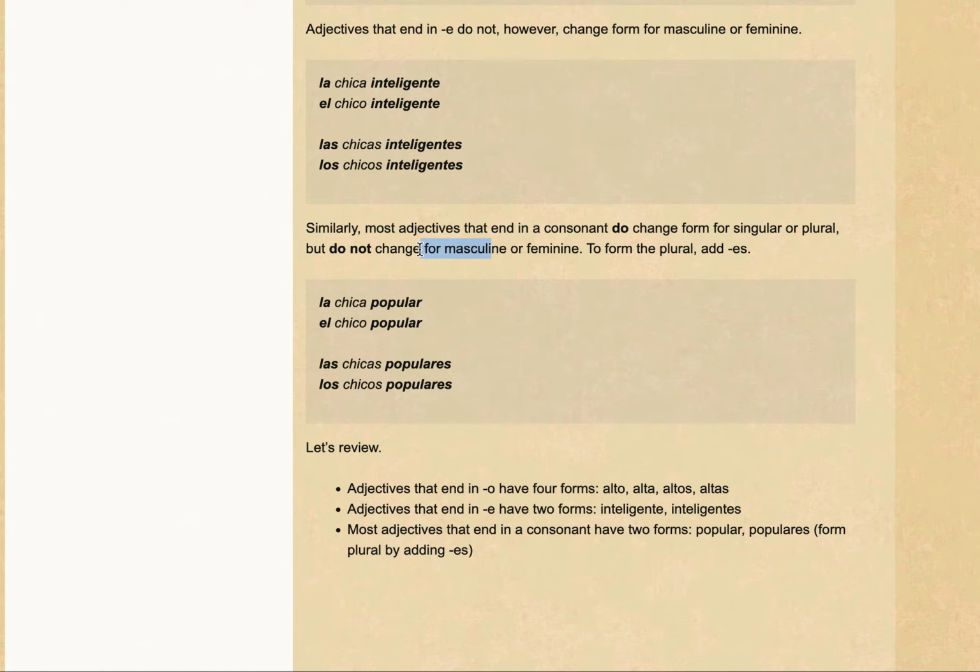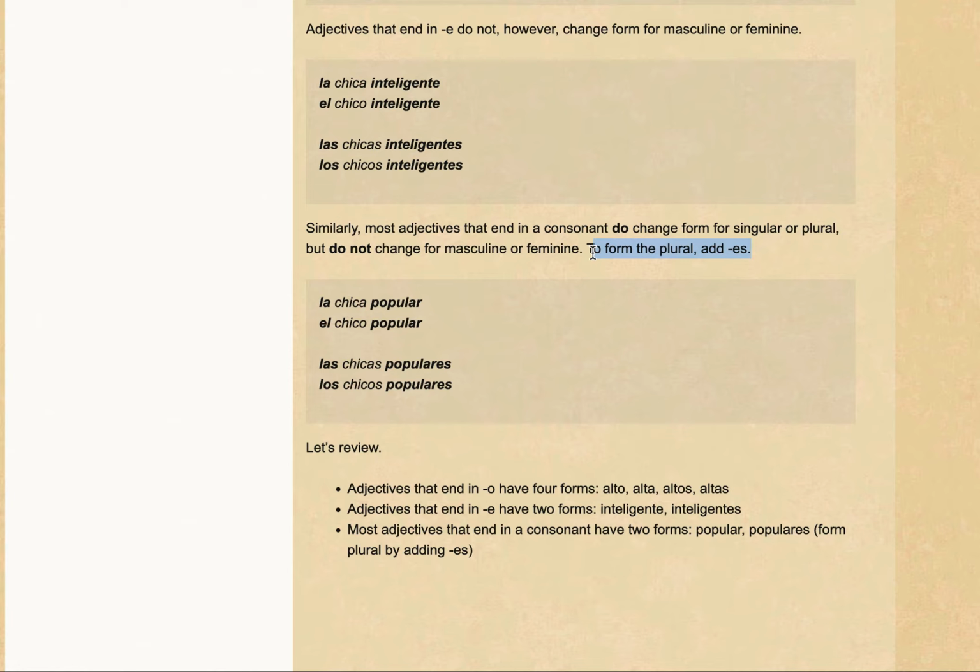But here's the difference, right? If we look at the next statement, it says that to form the plural, add es. Add es to form the plural. So with adjectives ending with o and with adjectives ending with e, the transformation to the plural form is achieved by adding an s to the end of the adjective.